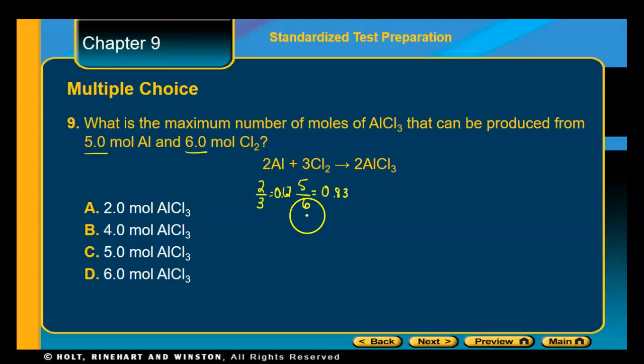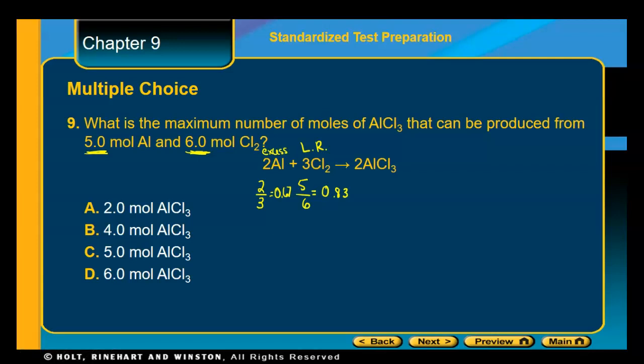So see how this number is more than enough compared to this number? So what that tells me is I've got more than enough aluminum. So probably chlorine is going to be my limiting reactant, and I'm going to have extra aluminum left over.